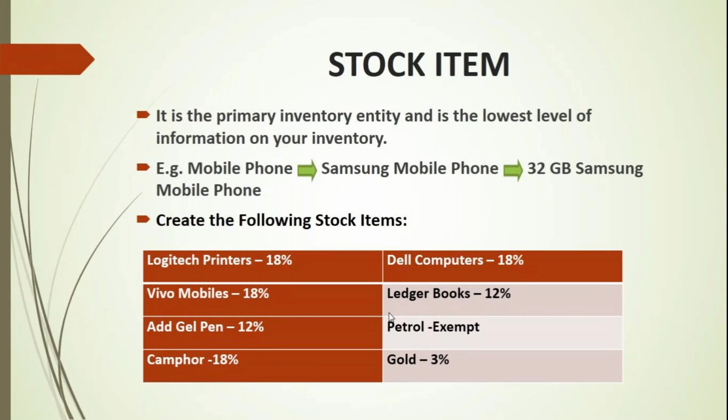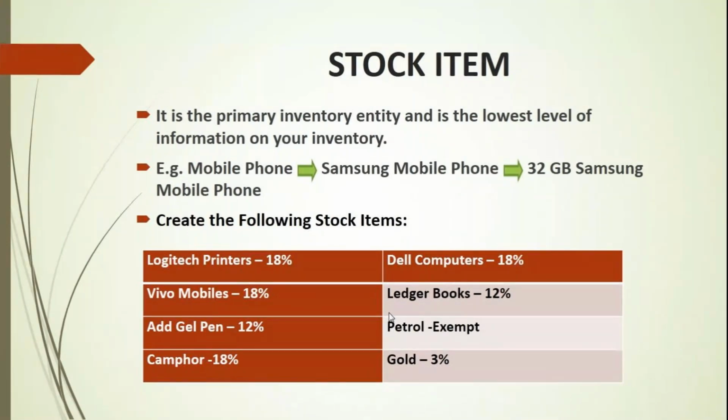But before that, we have a particular percentage here. For Logitech printers, I've given it as 18%, mobiles 18%, Agile pens 12%, Camphor 18%, Dell computers 18%, ledger books 12%, petrol exempt, gold 3%. What are all these percentages?